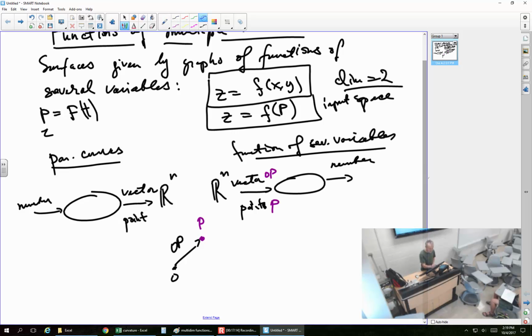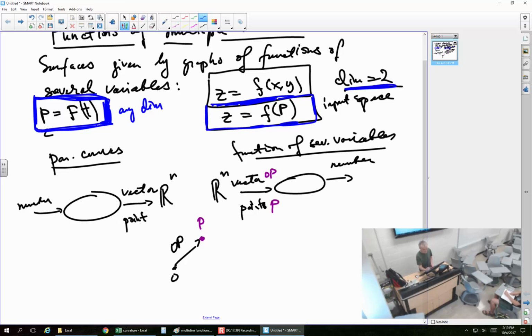That's why this is better long term, just like this one, so that all the discussion we had about parametric curves, with virtually no exception, is applicable to any dimension. But the examples will still be primarily low dimensional, meaning 2.